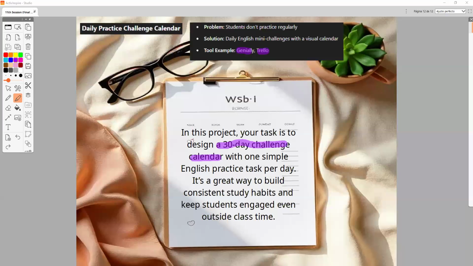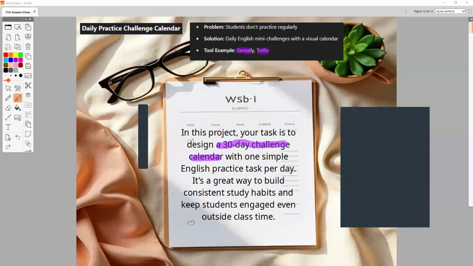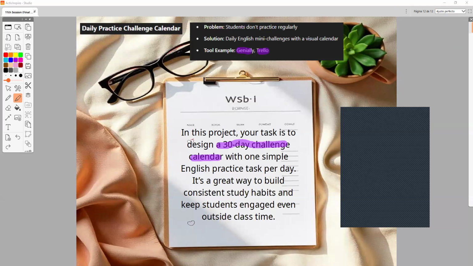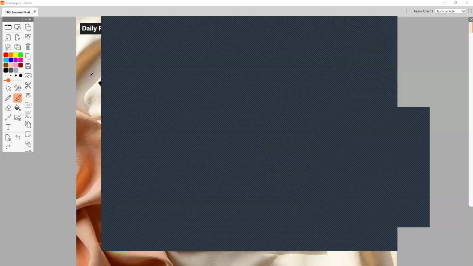Entonces puedo hacer como un calendario en Canva y cada día va a tener un link que lleve al estudiante a YouTube, donde va a aprender 5 palabras nuevas, por ejemplo, el primer día, sobre cómo presentarse o cómo decir los saludos en inglés y esas cosas.